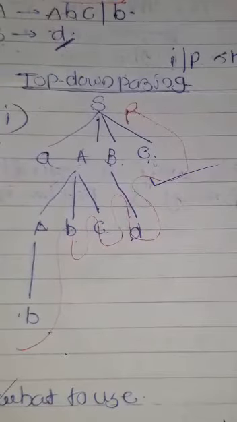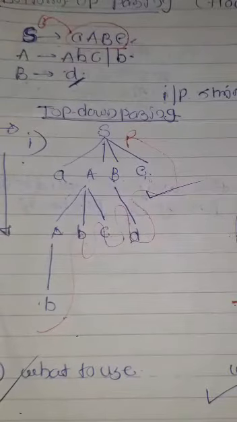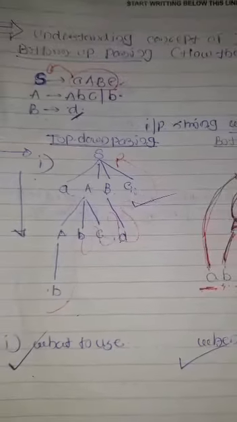Now if we travel from S to the terminal nodes and analyze this parse tree, we will find that we reach our destination node, or input node, that is the input string.